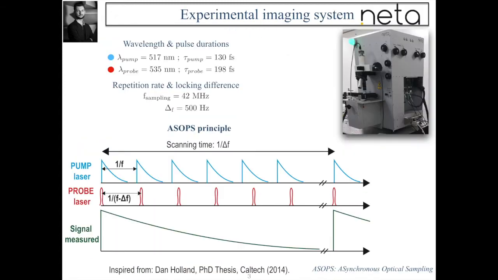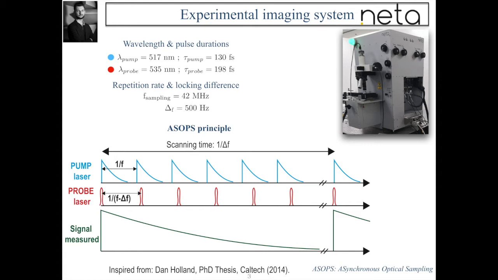Back in Le Mans, the experimental imaging system we are using has been developed by NETA. This ultra-fast imaging system is based on a pump-probe technique, where a pump is used to generate waves inside the sample, while a probe laser beam is used to monitor the propagation of this wave.